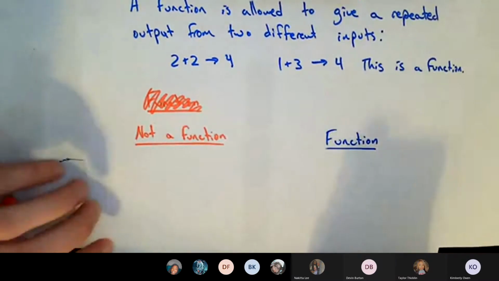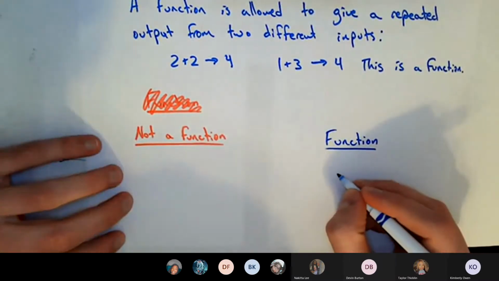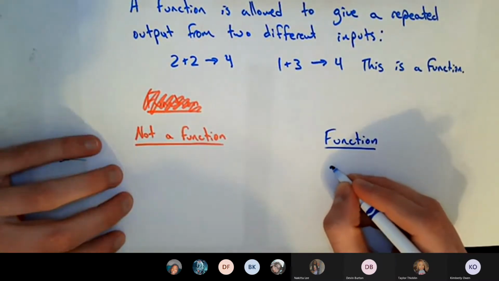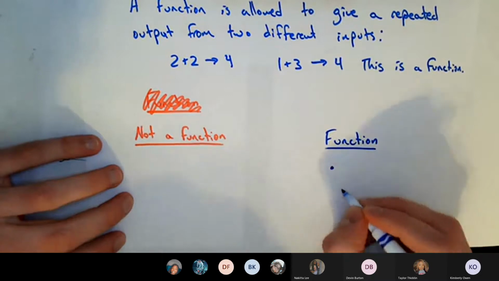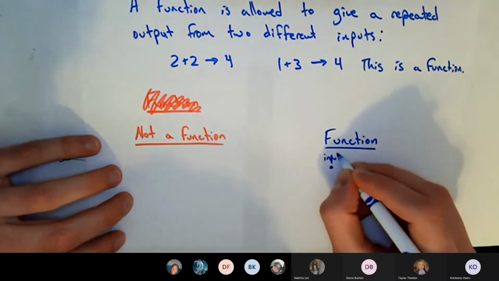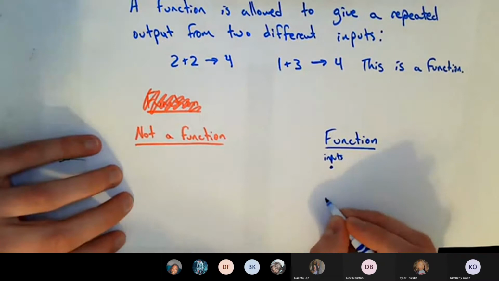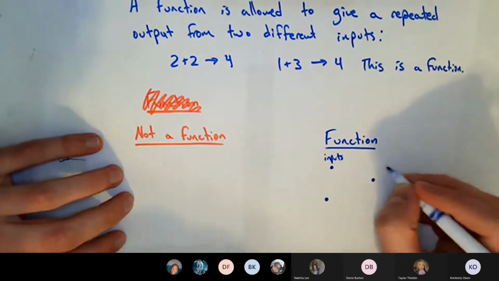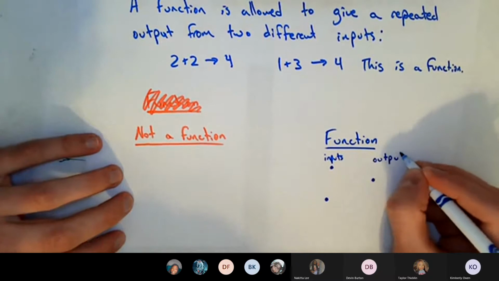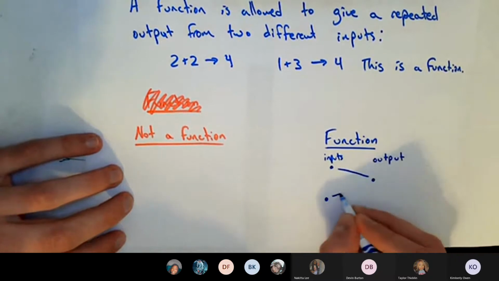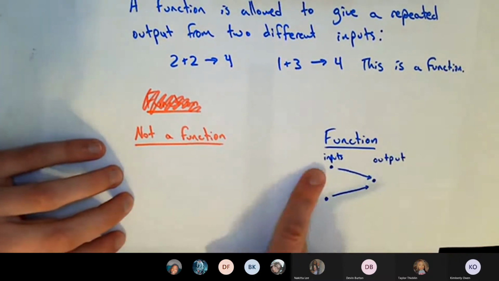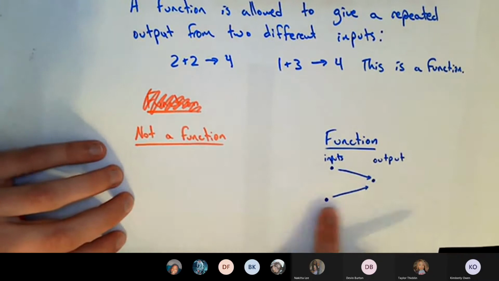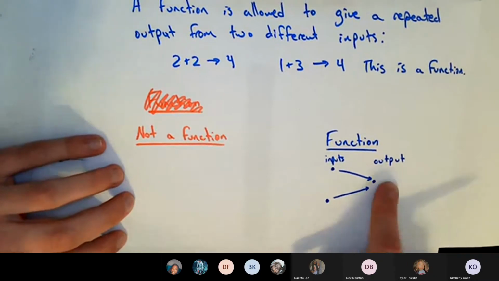So for a function, it's okay to have two different inputs, like input 1. So these are inputs, just denoting with little dots, inputs 1 and 2 going to the same output. So this is like 2 plus 2 gives 4, or 1 plus 3 gives 4, or 0 plus 4 gives 4.